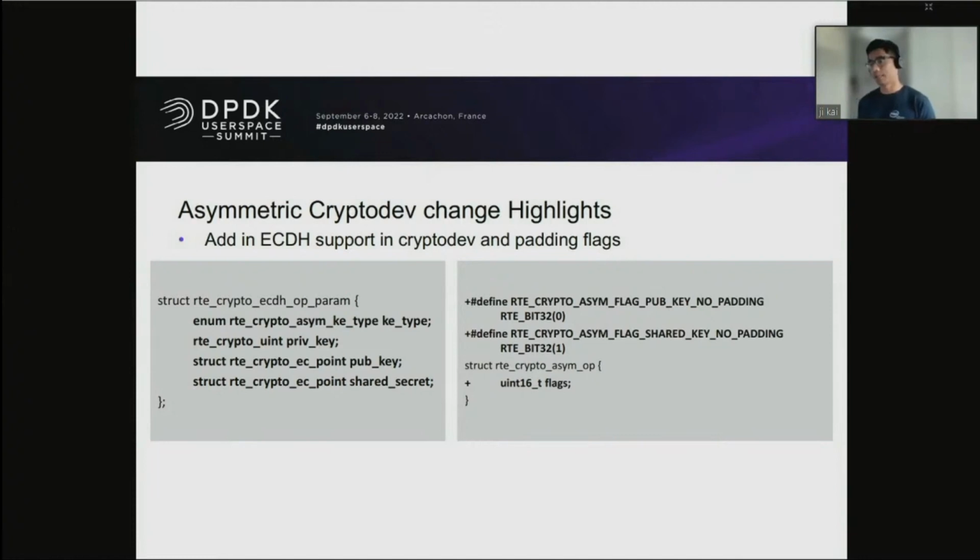For example, TLS 1.2 and 1.3 have different padding configurations. If this flag is set, the public key will be returned without a leading 0 byte. And if this flag is not set, the public key will be padded on the left with 0 to the size of the underlying algorithm. This is the same behavior for the shared secret as well.